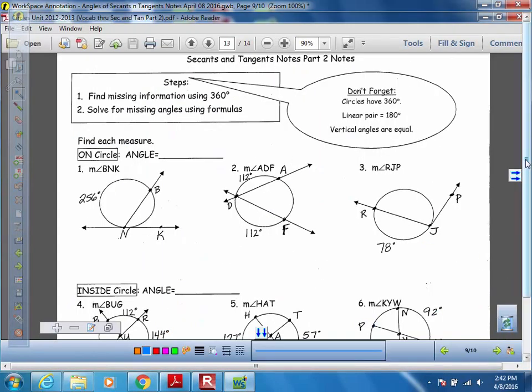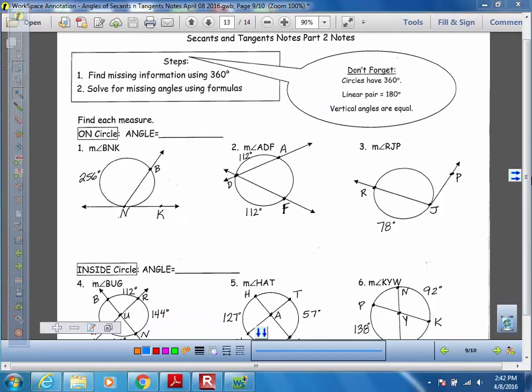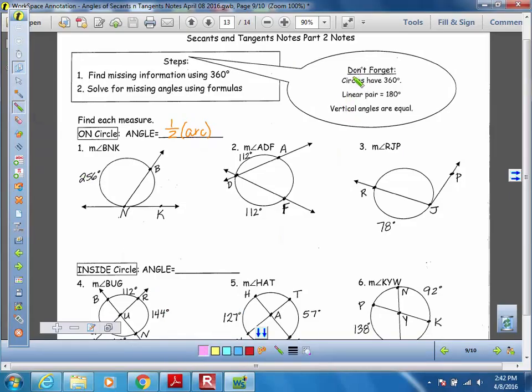Okay, now I want to talk about when you're trying to find the angle, but you're not actually given the arc measure. So remember that we said that our formula for angles whose vertex lies on a circle is 1/2 times the arc. Okay, and we're going to be using the fact that circle measures add up to 360.